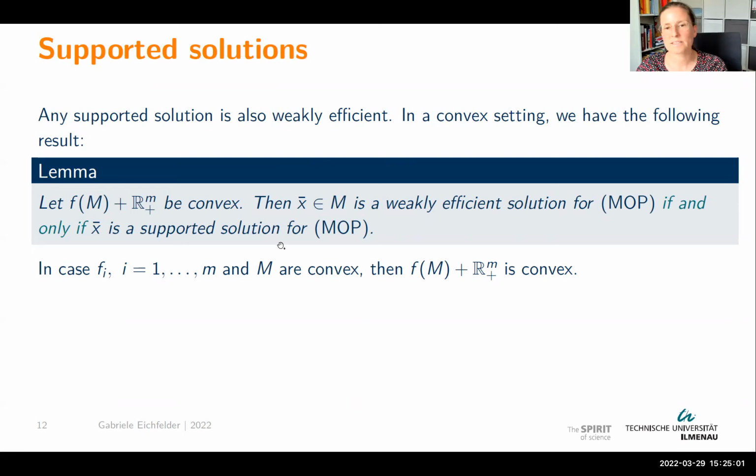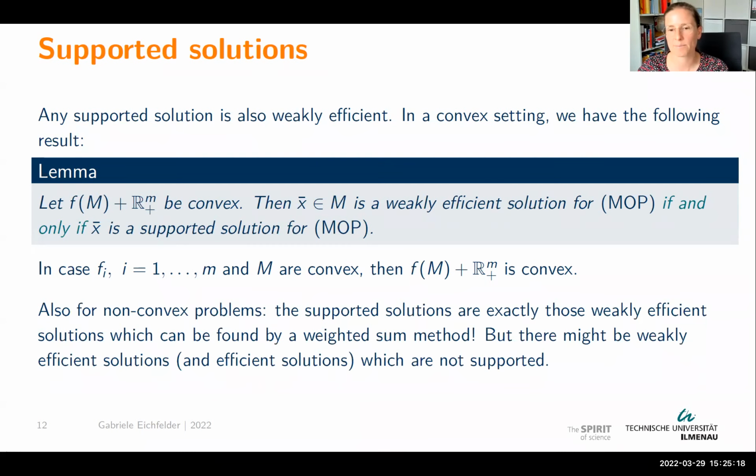And this means if you do not have this nice property and you still just study supported solutions, using this weighted sum approach, you might not be able to find all weakly efficient solutions. And if you're not able to find all weakly efficient solutions, you might not be able to find all efficient solutions. So you might lose some points which are of interest. This is written here: you might lose efficient solutions in case you're only concentrating on the supported ones.